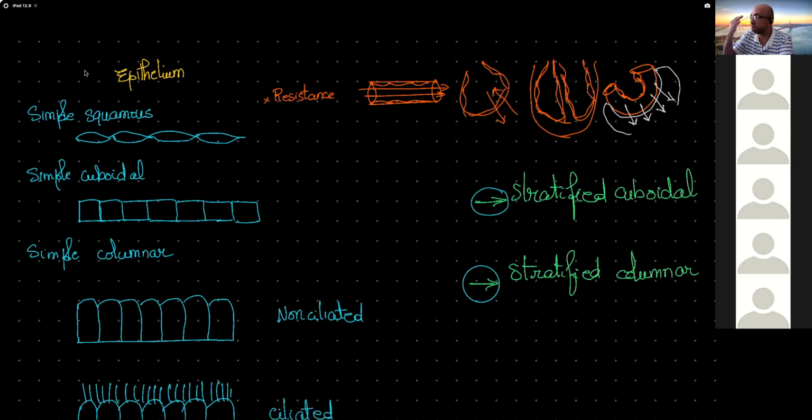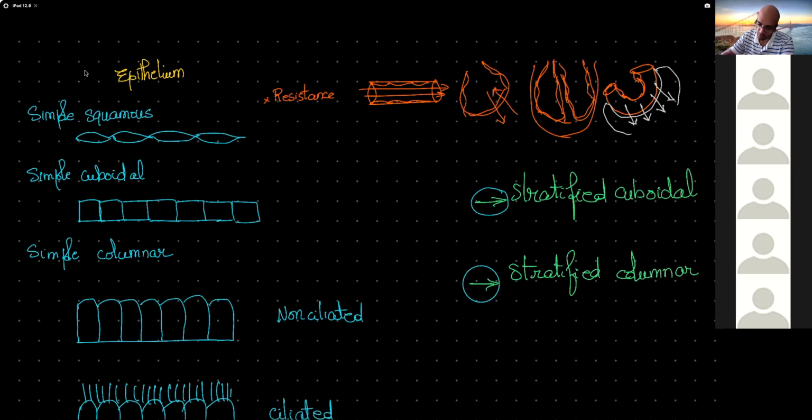So this is the way I think of it. I think, why should I keep one row of flat cells in those locations? And if it makes sense, it's going to be much easier for me to recall what are the sites that will require this minimal resistance.